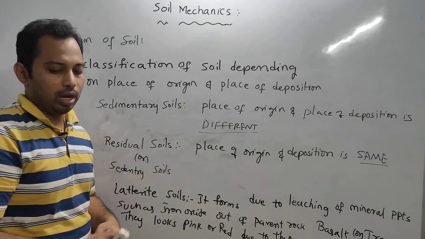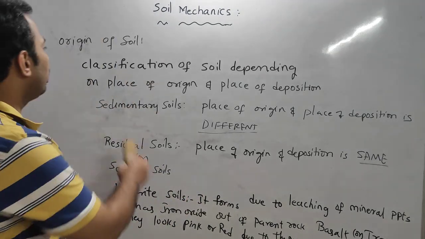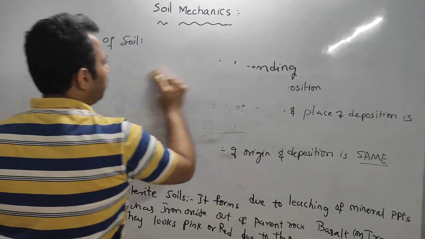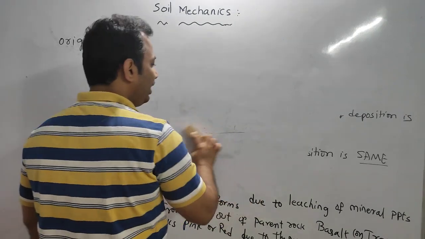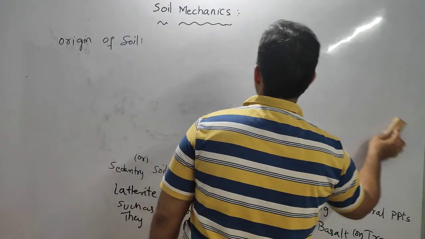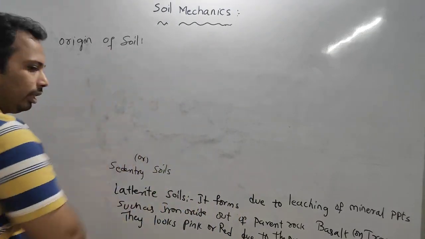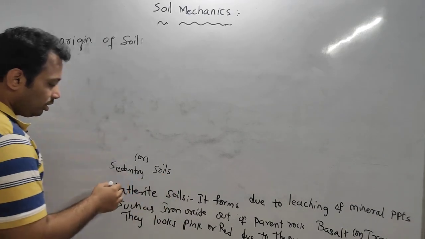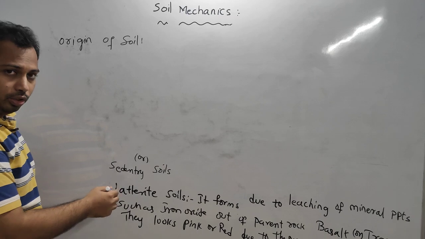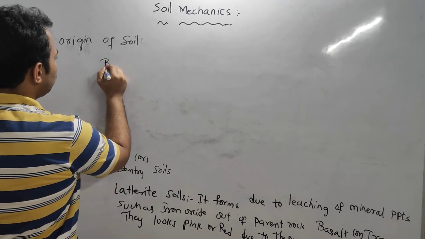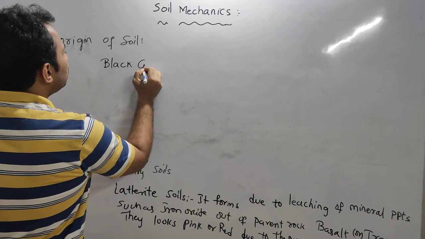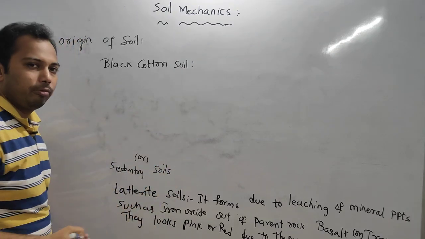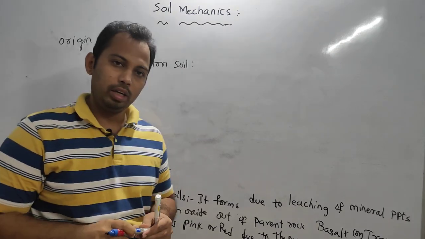There is a physical weathering part also, for the rock basalt and trap. The physical weathering of that rock forms a soil called black cotton soil. Similar to laterite, black cotton soil is also a residual soil, formed out of physical weathering of a parent rock, basalt or trap.